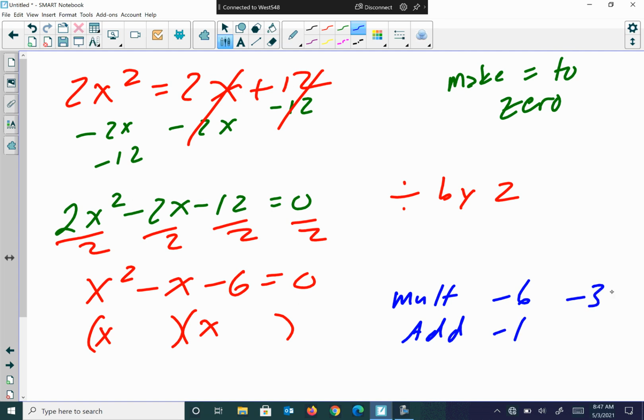I'd say negative 3 and positive 2. Negative 3 times 2 is negative 6. Negative 3 plus 2 is negative 1. Plug those exact values in just like that. Or you can stop there and realize you can just put the signs in. You could, yeah. So there's my answers there.